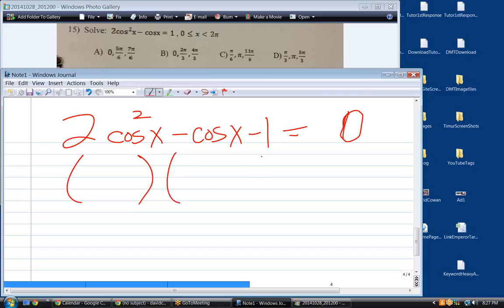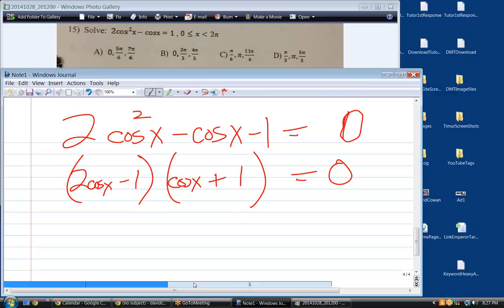Which means factoring. 2 cosine minus 1, and then plus 1 would be the other one, cosine x plus 1. Does that work? Does that produce that middle term? No, it doesn't. Check the insides and the outsides.